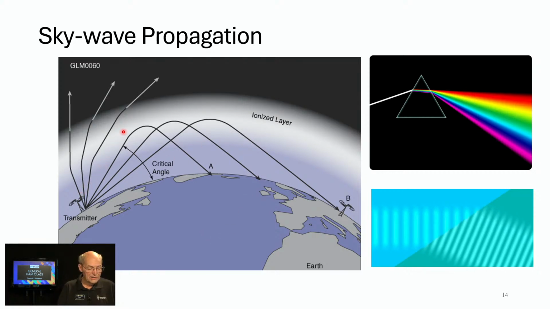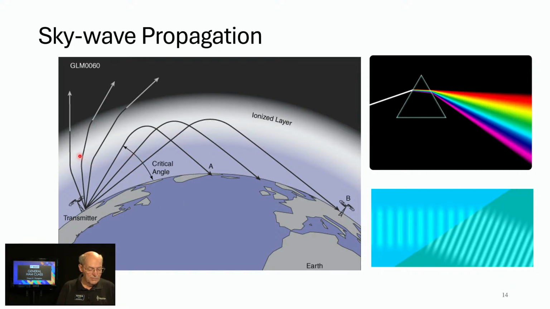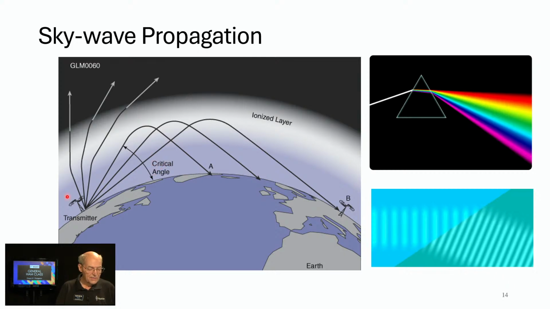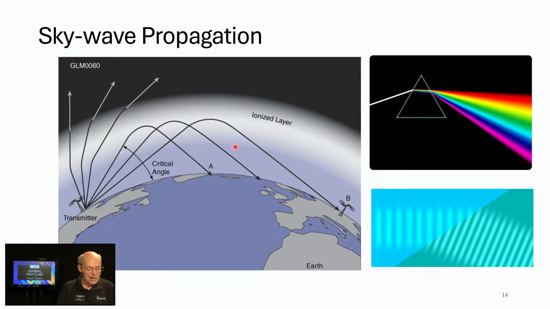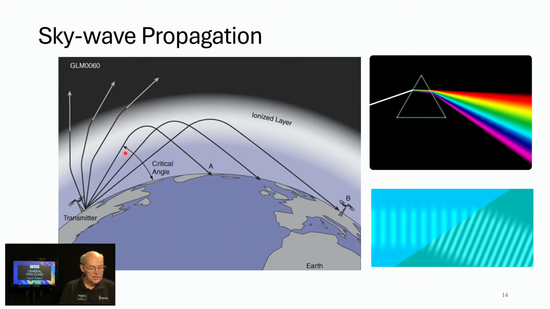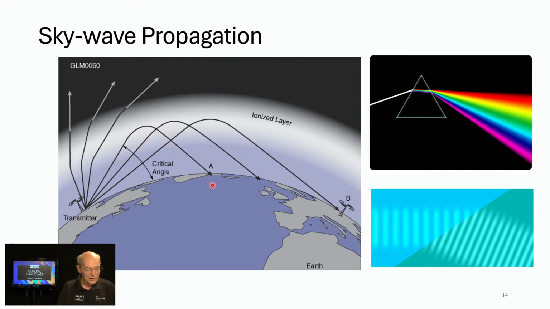So critical angle is shown here. If we're shooting a signal up, and these would be signals in this case that are all on the same frequency, we'll try pointing our antenna this way, and it doesn't refract enough to come back to Earth. But at an angle called the critical angle, that's just low enough where there's enough refraction for it to bend, come back down to Earth.